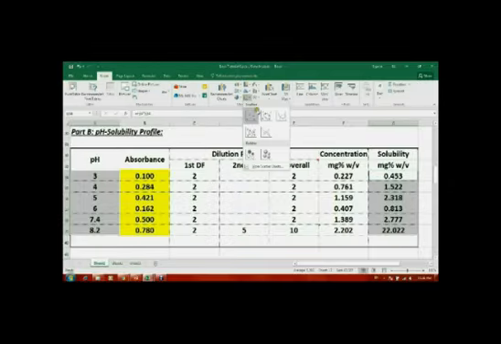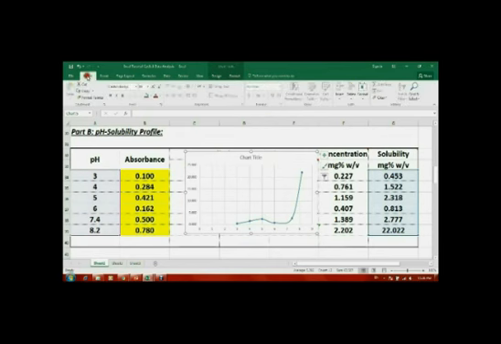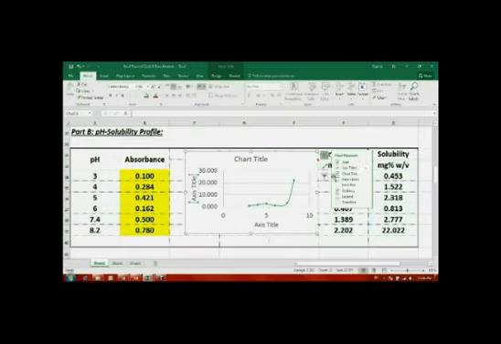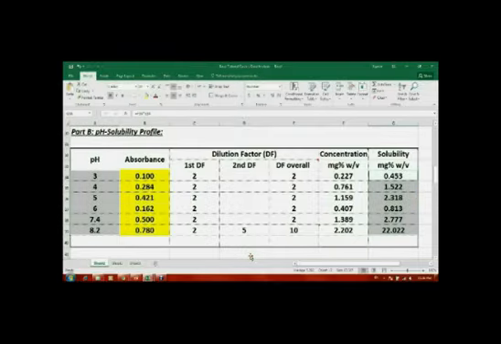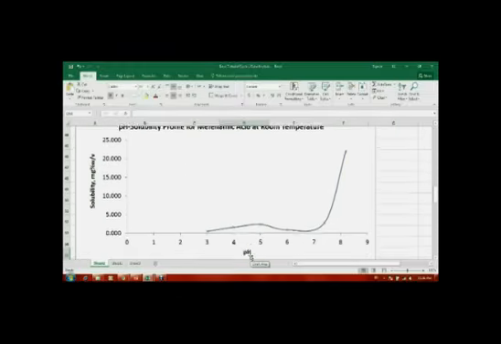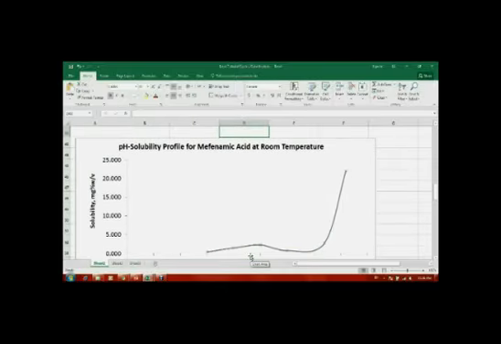Again, scatter charts from which you have to select scatter smooth lines and markers. This chart should be entitled as shown: pH solubility profile of mefenamic acid at room temperature. Remember to add axis titles appropriately.